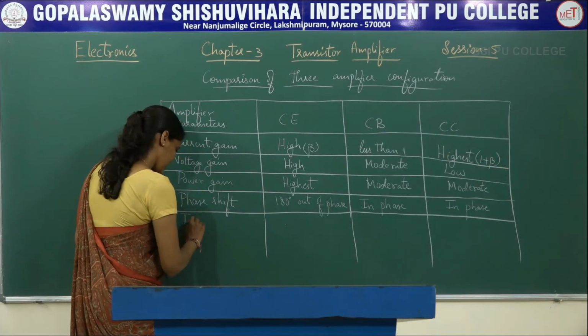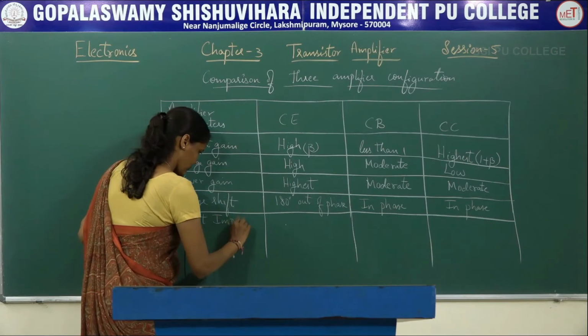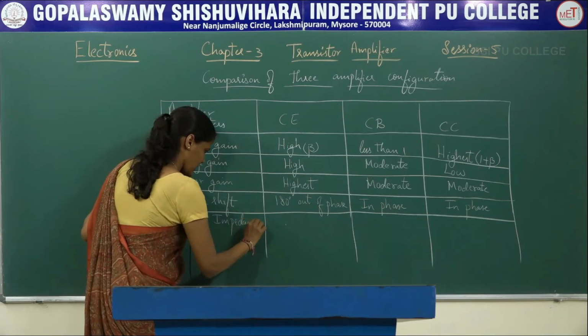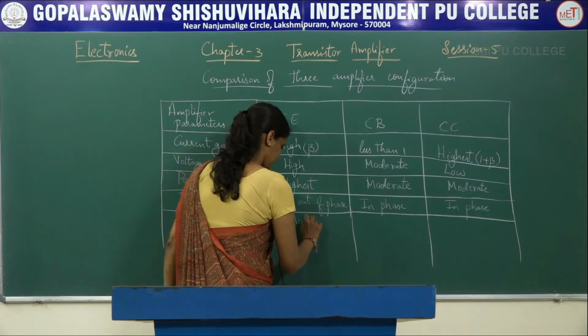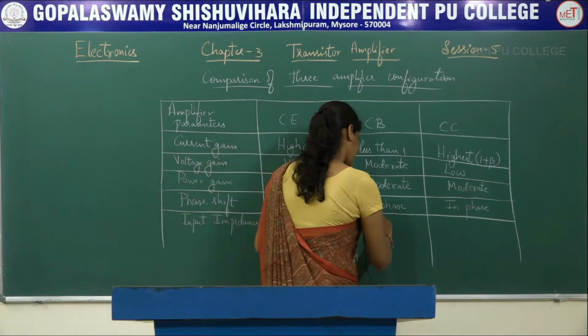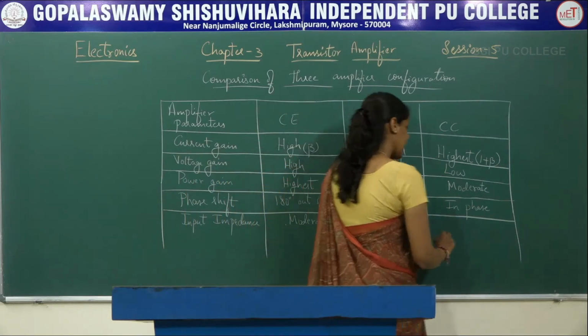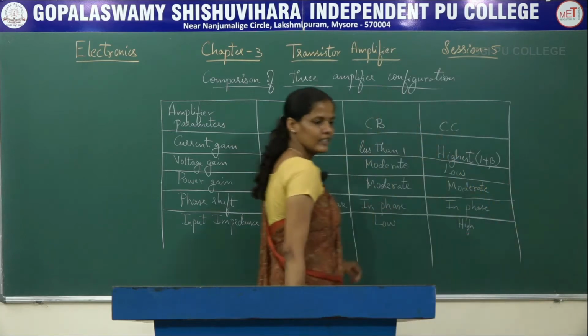Input impedance. Input impedance in common emitter is moderate. In the common base it is low, whereas in the common collector it is high.